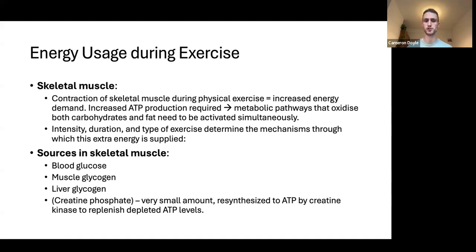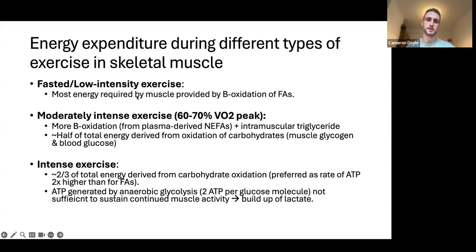In skeletal muscles, you can get hold of glucose in the blood, glycogen in the muscle itself, liver glycogen, and also creatine phosphate. There's a very small amount of it, but it's used to resynthesize ATP by creatine kinase to replenish depleted ATP levels.